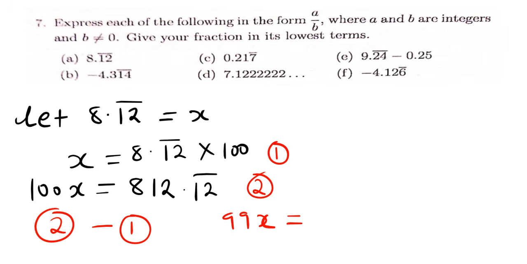What am I going to have? 804. Then I divide by 99 on both sides.